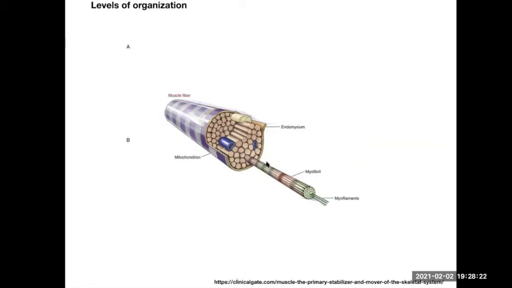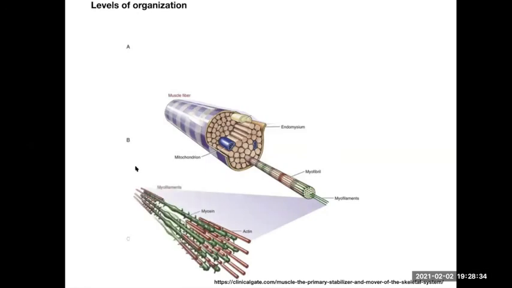And those myofibrils are actually the contractile units that make a muscle cell shorten, which is what muscles do, right? And you could take this myofibril right over here and break it down. And you can see how these protein filaments, actin and myosin, all arrange in a particular organization to make them do what they do, right?